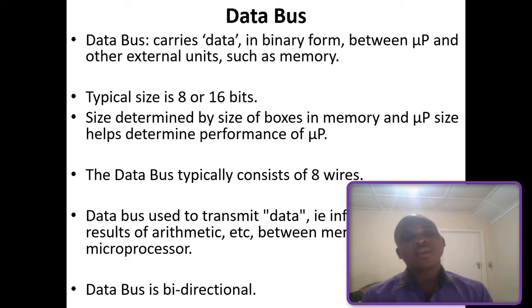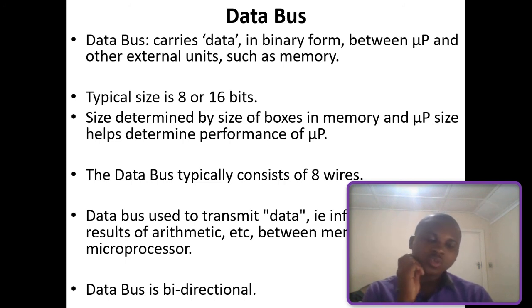Here the typical size is 8 or 16 bits, guys. This is per the 8085 or 8086 microprocessor, which is an Intel processor. The size is determined by the size of boxes in memory and the microprocessor. Size helps determine the performance of the microprocessor. The data bus typically consists of 8 wires because it is an 8-bit.